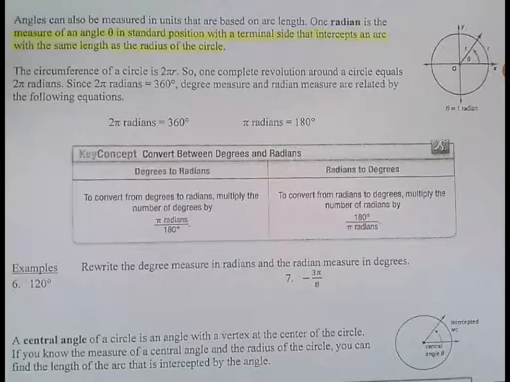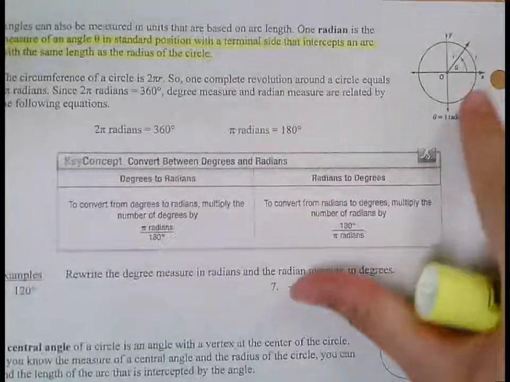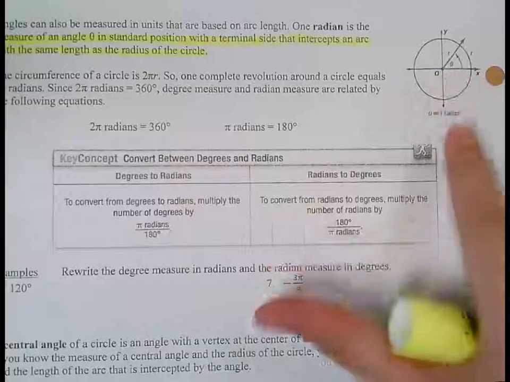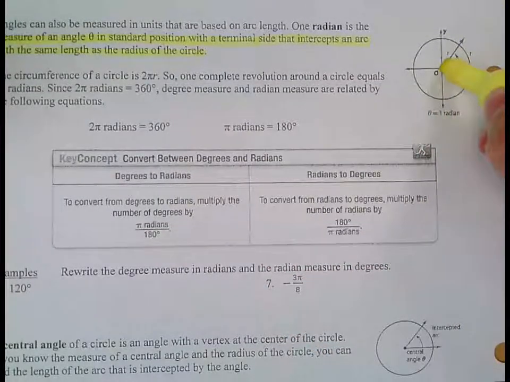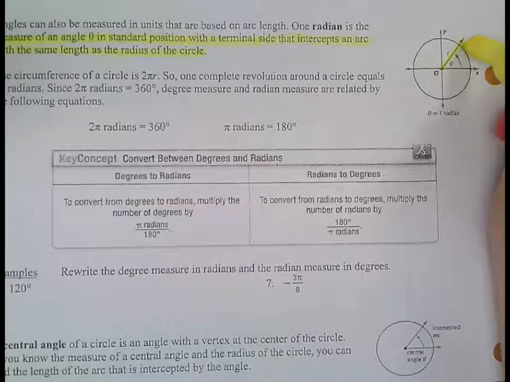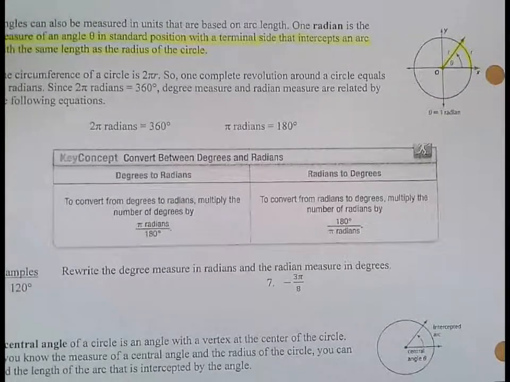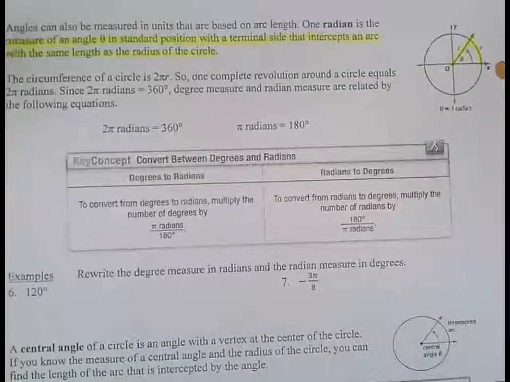So it's a bit wordy, but you can see from the picture here, theta is representing 1 radian. And where that terminal side intercepts the circle, that arc is equal to the length of the radius. And that then creates 1 radian. So that's how a radian is defined. So it's based on arc length.